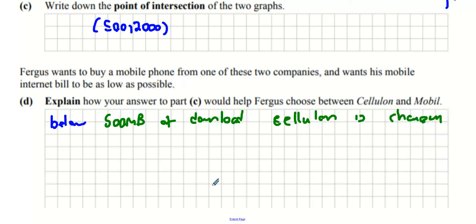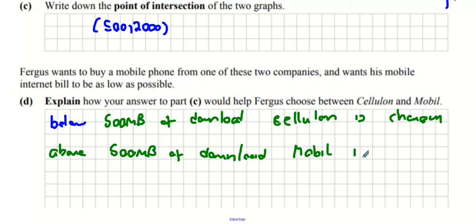Cheaper. Above 500 megabytes of download, mobile is cheaper. Oh, sorry, yeah.